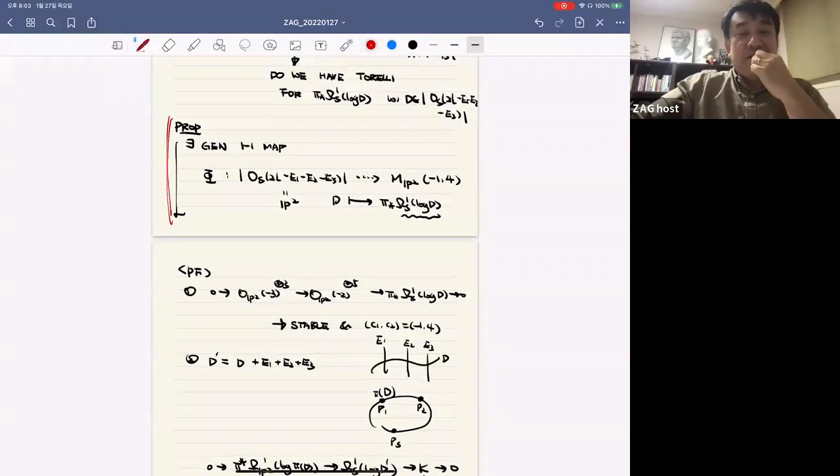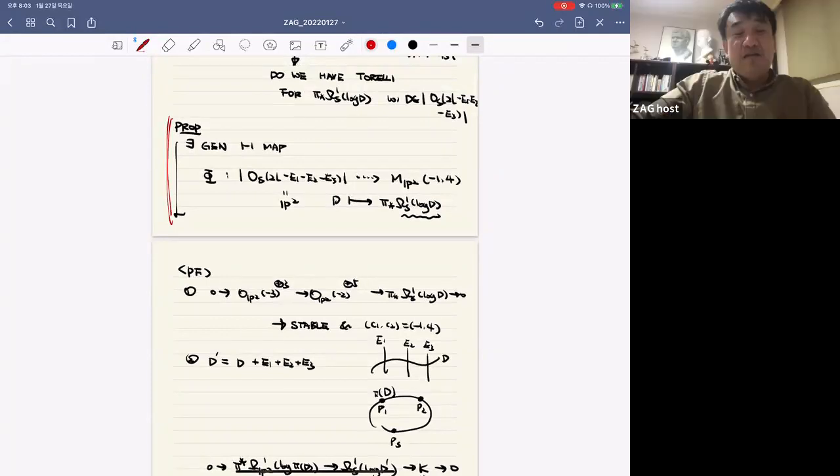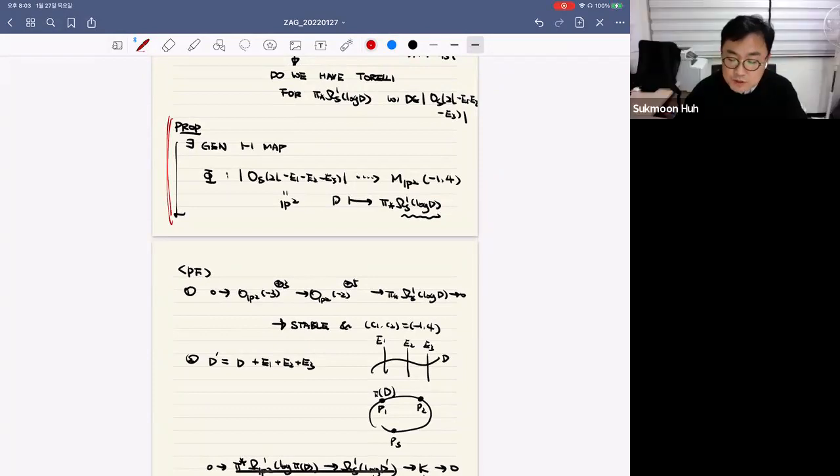I think D is always effective and reduced in this case. Certainly what we showed is that this push forward of the logarithmic bundle associated to a smooth conic through P1, P2, P3 is stable, with these Chern classes and so on.